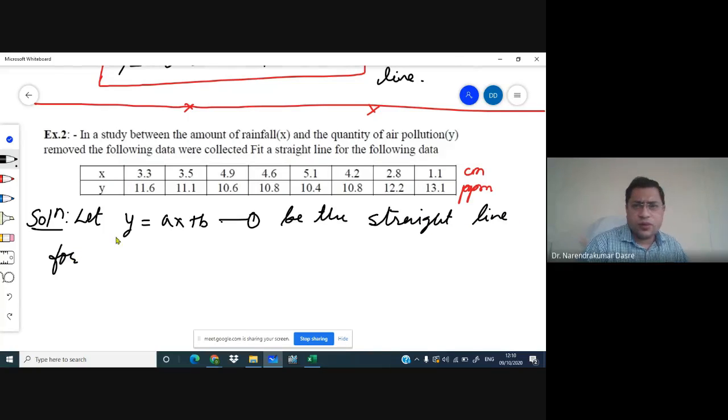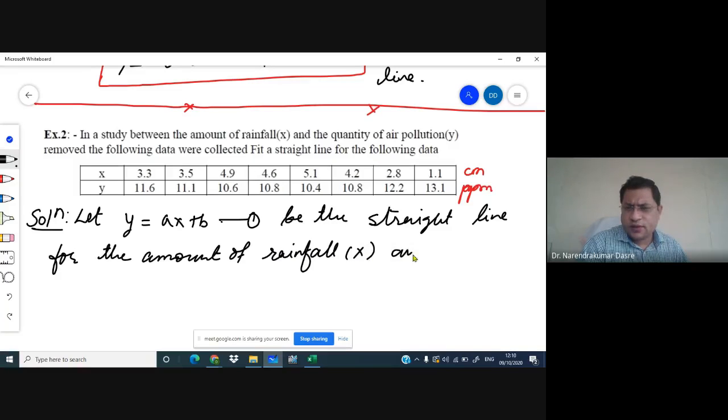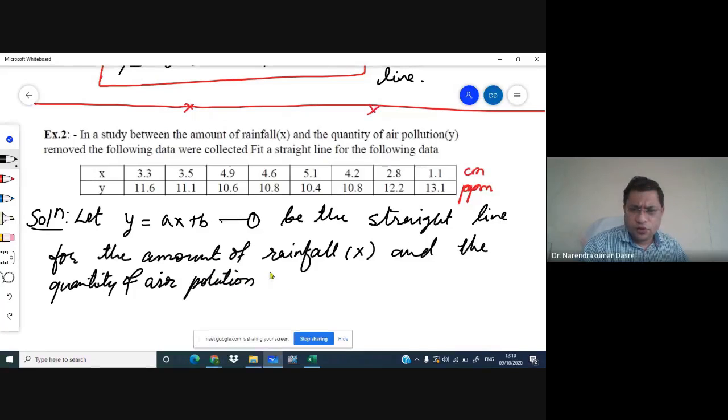Here we have the amount of rainfall x and the quantity of air pollution y removed.